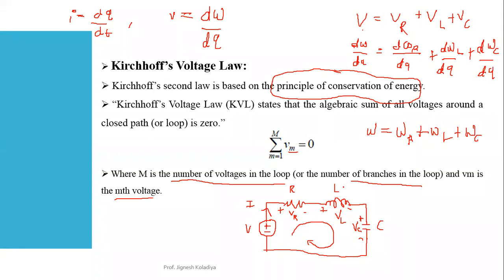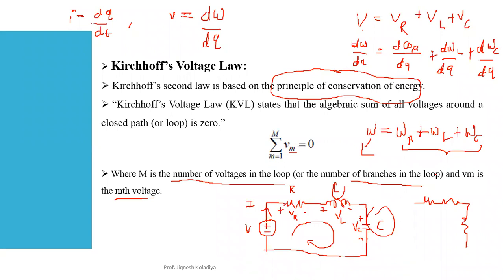And suppose instead of inductor and capacitor, all the elements are resistances like this, then we have WR1 plus WR2 plus WR3. Okay, so that is what we can say. This W is energy transferred, meaning I'm going to apply the energy from this for a specific amount of time, and this WR plus WL plus WC is energy absorbed by the element.